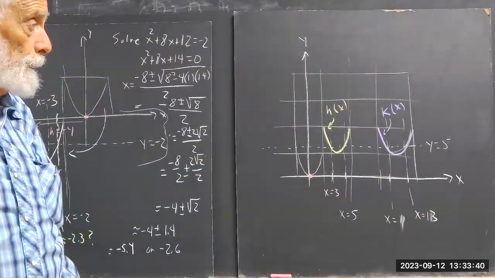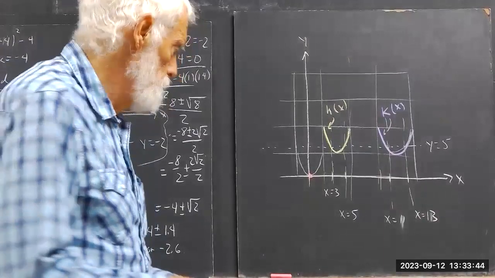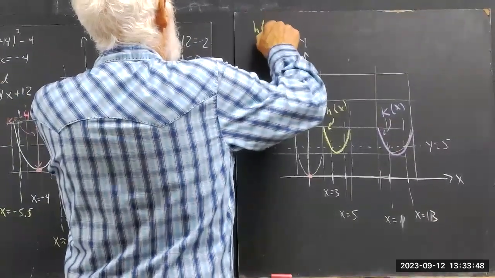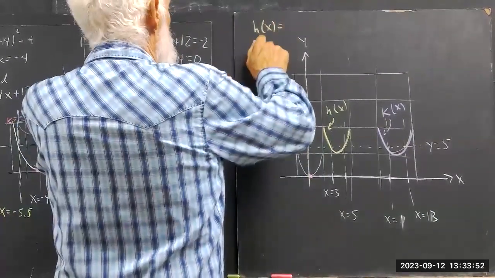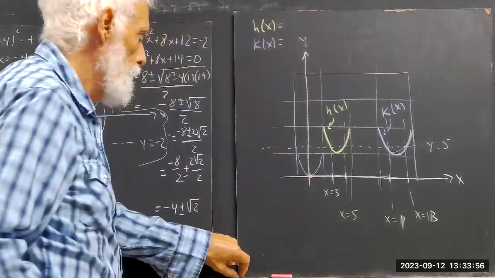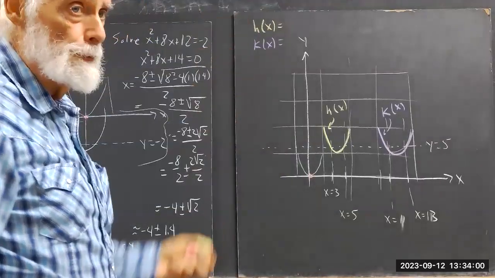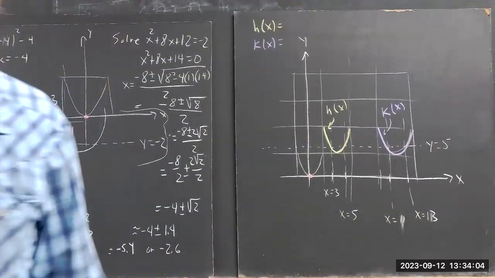So we have the h of x function and the k of x function. What's h of x equal to? What's k of x? What's the formula for h of x? What's the formula for k of x?